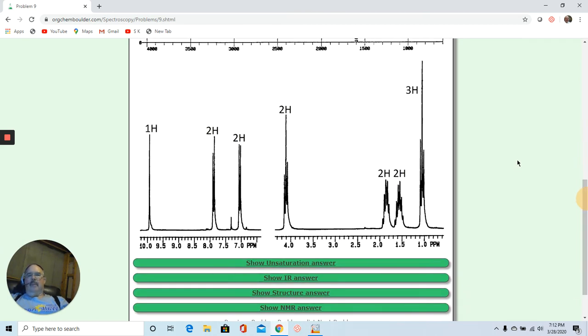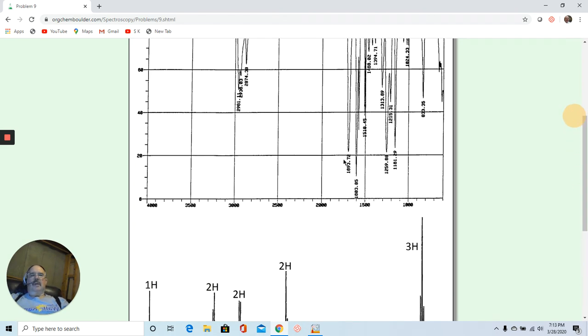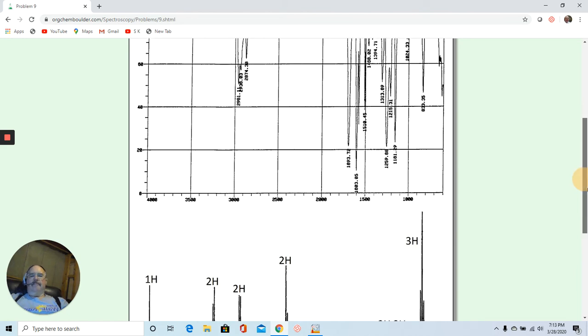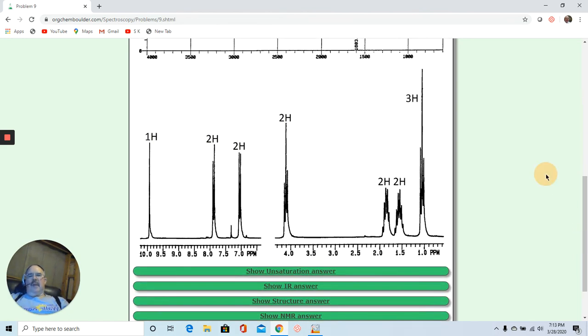And we clearly have an aldehyde peak. The aldehyde would be attached directly to the benzene ring, because the absorption frequency is lower, about 1693. So we have an aldehyde, then a benzene ring.